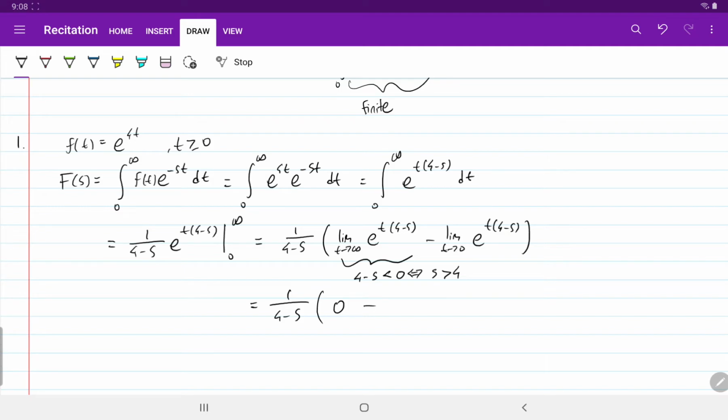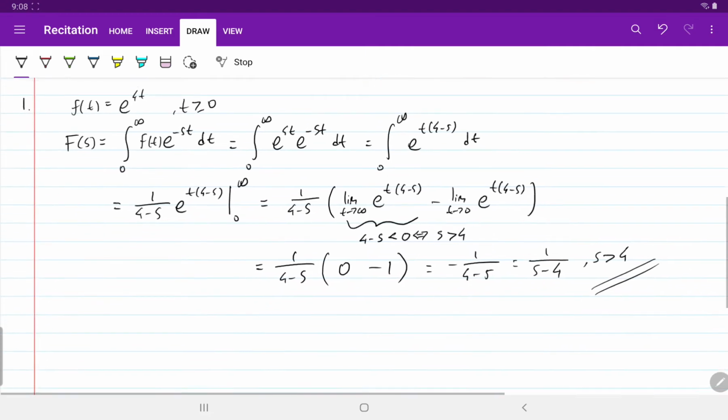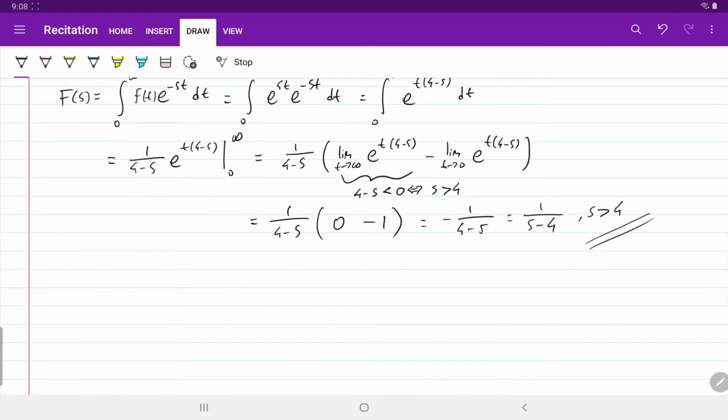If t is 0, then e to the power 0, or any number other than 0 to the power 0, is 1. Then you have 1, so it's minus 1 over (4 minus s), or 1 over (s minus 4). And the region of convergence is our condition here, s greater than 4. Okay, so that's the solution of problem number 1.